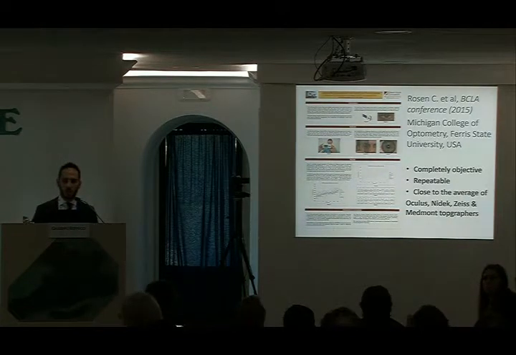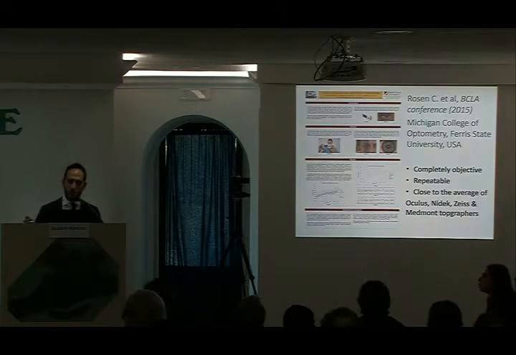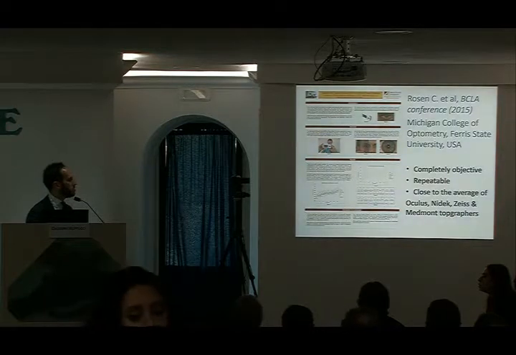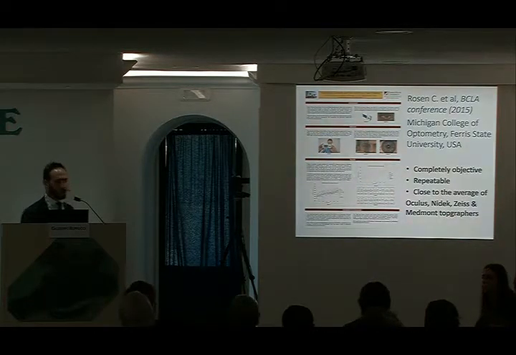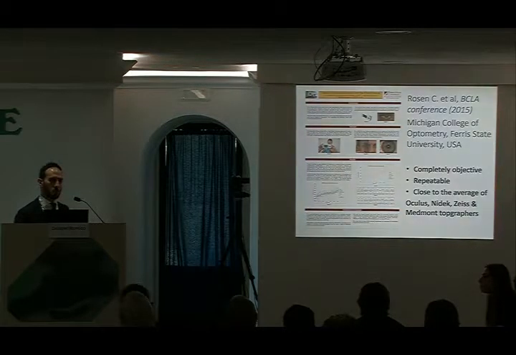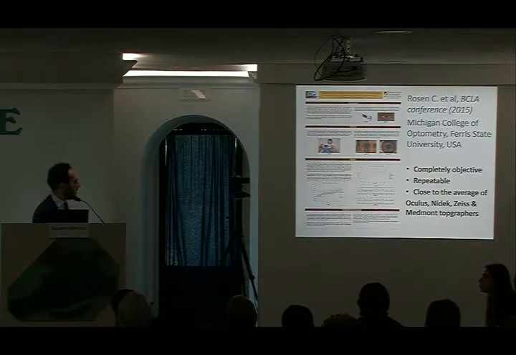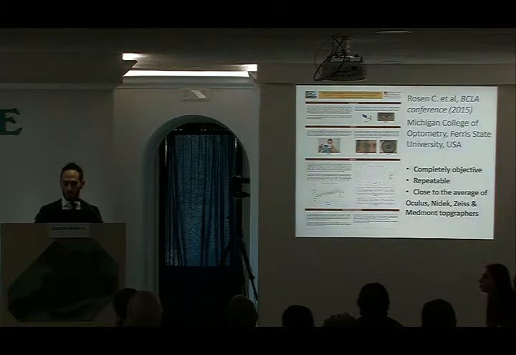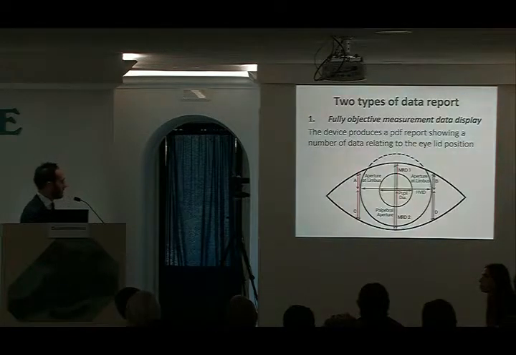We know that there is actually no gold standard for the HVID measurement, so all the instruments, and the device in this study, have been tested to compare the accuracy. The study concluded that this device allows for completely objective ocular measurement and produces results that are very close to the average of all the measured devices tested. And it also produces highly repeatable measurements between examiners.